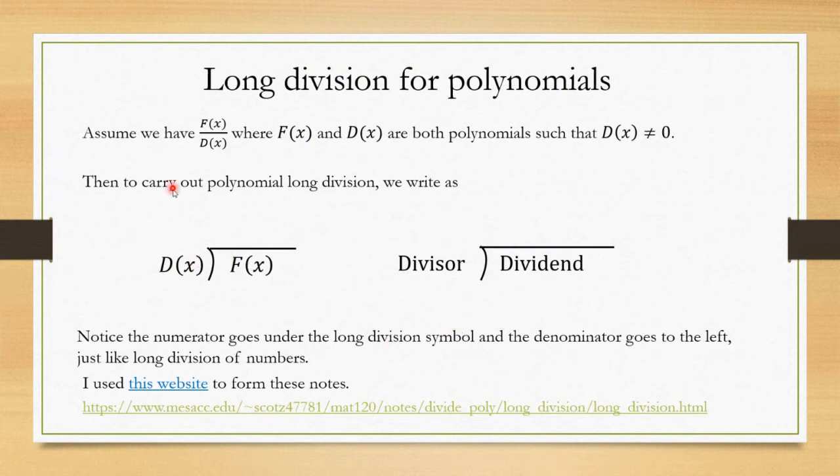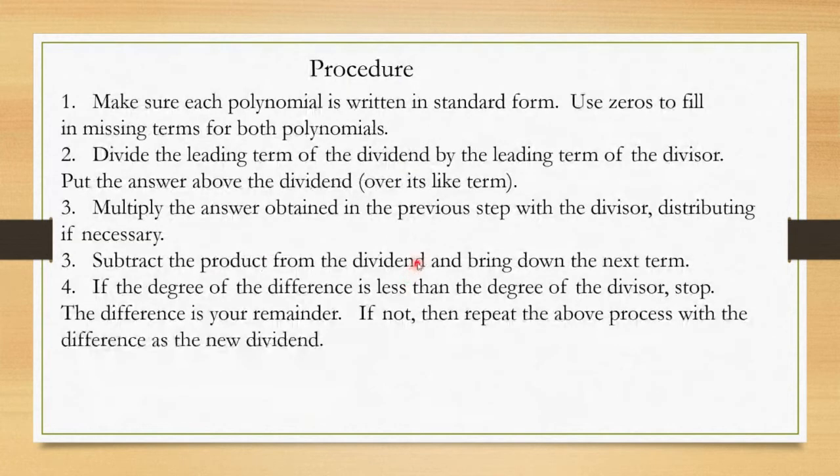Anyway, now that we have this, we can see the process for polynomial long division. You want to make sure each polynomial is in standard form. Again, what that means is, as you go from left to right, the exponents of the variable x are decreasing.